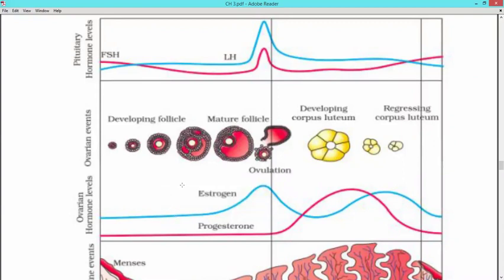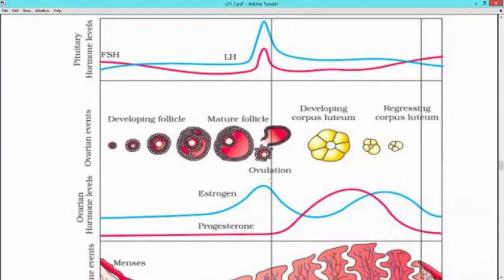After that, there will be antrum fluid filling the cavity, and that marks the tertiary follicle. Furthermore, it gets converted to the mature follicle, that is nothing but the Graafian follicle. Once the mature follicle ruptures, it is going to release what? The ovum, and that marks the 14th day, that is the ovulation.